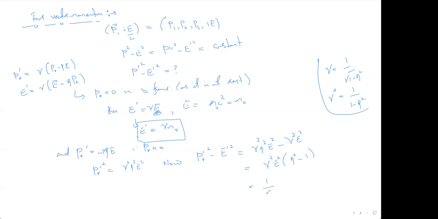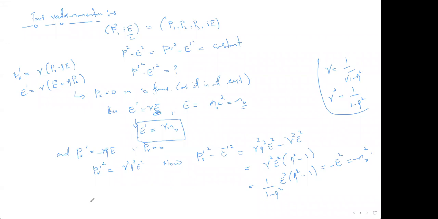So gamma square is 1 divided by 1 minus beta square, into E square, into beta square minus 1. तो यहाँ पे मैं एक चीज कर सकता हूँ, minus 1 यहाँ से common ले लूंगा, so it will be simply minus E square, and E square is equal to m0 square.